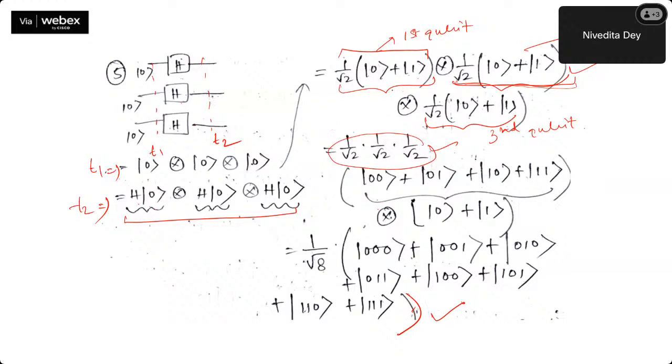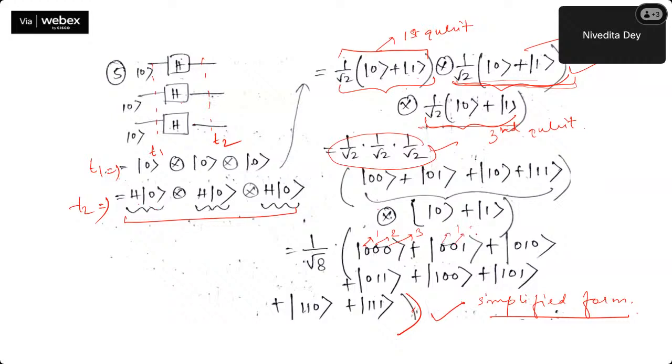Here, this was your first qubit, this was the second qubit, this was your third qubit, when the entire thing is represented in the tensor product form. But in this case, when you multiply everything out, there is no tensor product here. So after all these steps, this is a simplified form. And here, this is your first qubit, second qubit, third qubit.